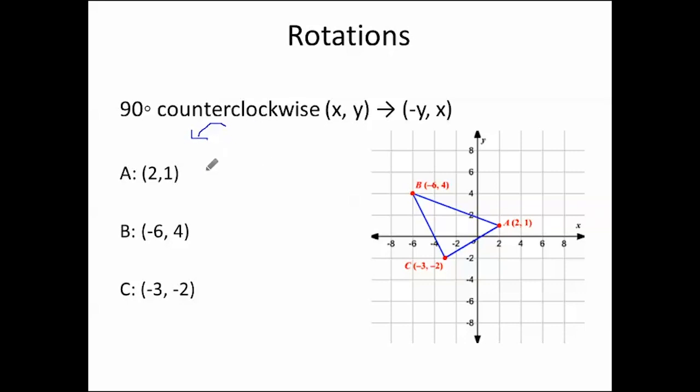So we have 2, 1. Our previous y value will be negative, so we'll have -1. And then our new y value is what was our x value, which is just going to be 2. So we have A prime at -1, 2.